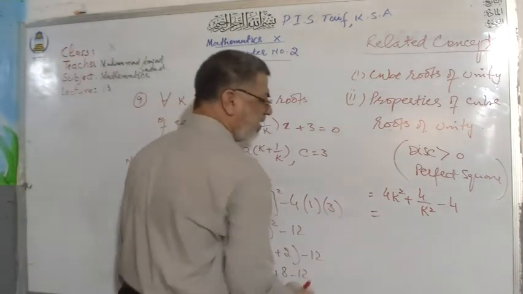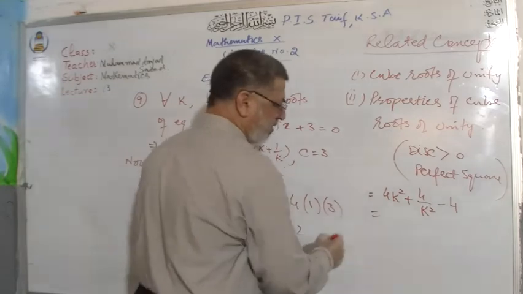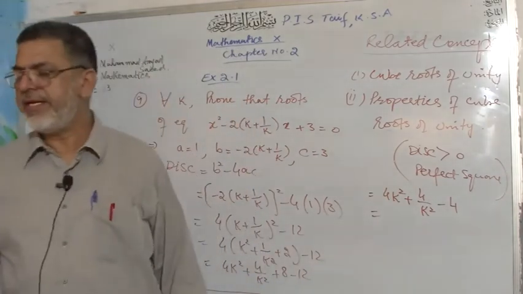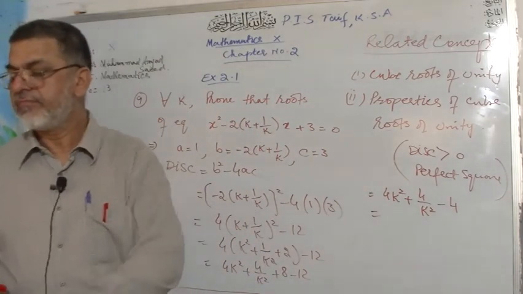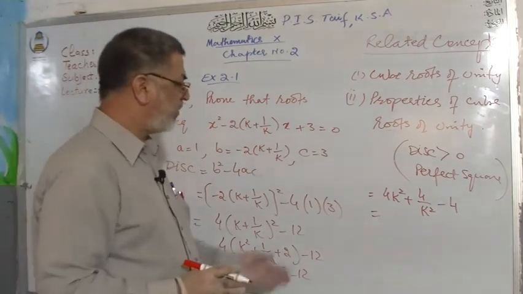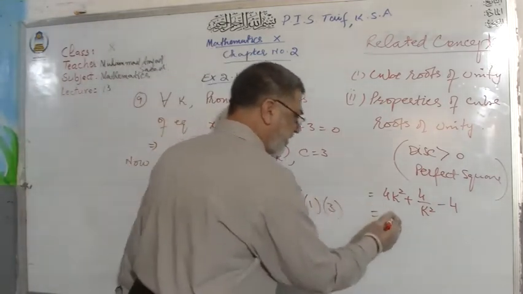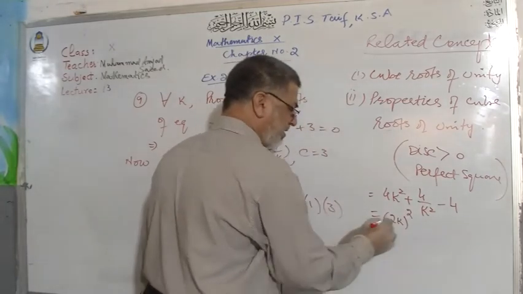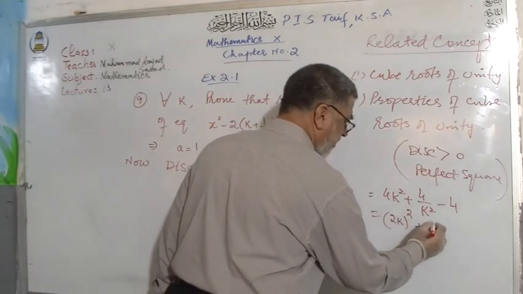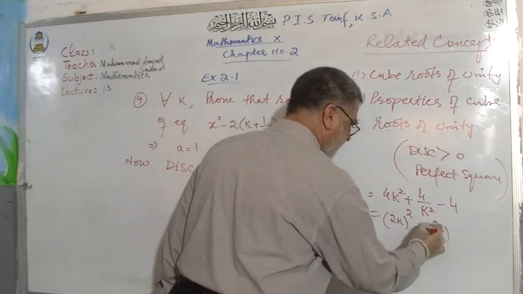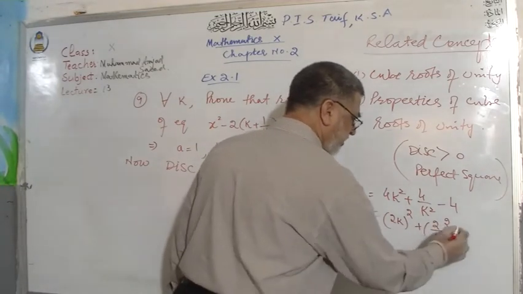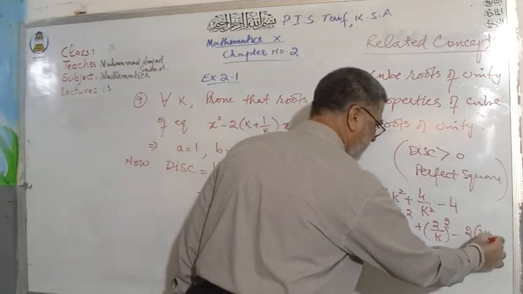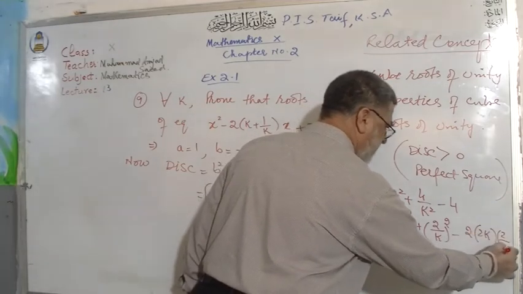If you take common 4 from here, rather you can write it in that way: first square plus second square minus 2 into first into second.